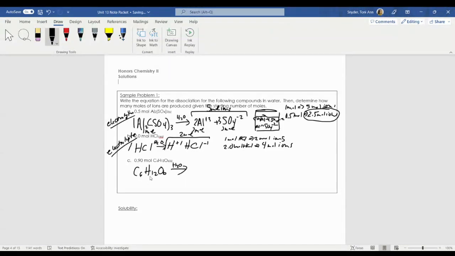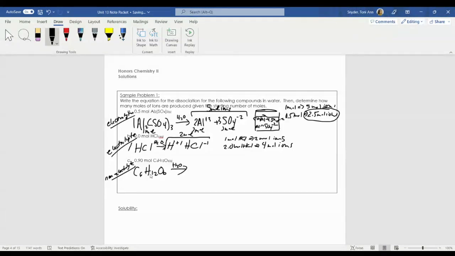Glucose, however, does not have very highly polar bonds. And it also doesn't have any ionic bonds. So this particular substance is actually a non-electrolyte. And I'll let you know what are electrolytes and non-electrolytes. Because remember, electrolytes will dissociate into ions in solution, whereas non-electrolytes will not.